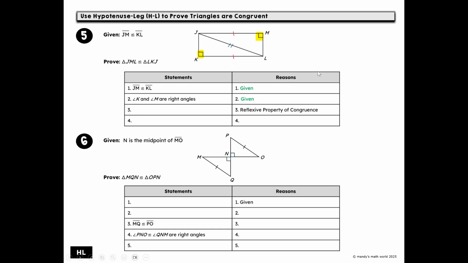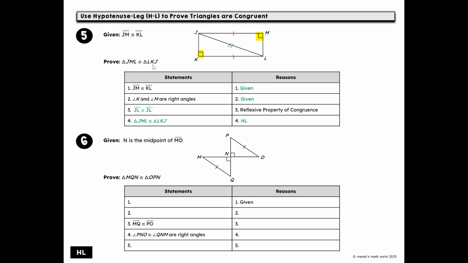By the reflexive property of congruence, segment JL is congruent to segment JL. Here's your hypotenuse, leg, hypotenuse, leg. So I can conclude that triangle JML is congruent to triangle LKJ by hypotenuse leg, or HL.